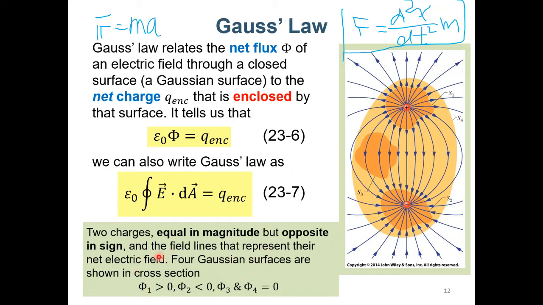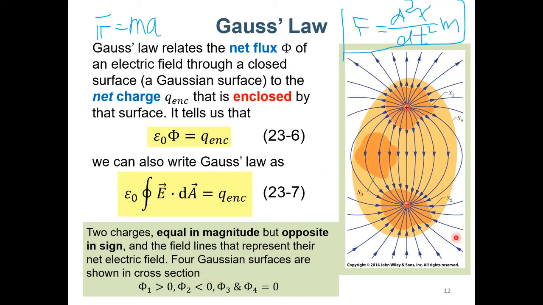Here it shows that for Gaussian surface S1, a positive charge is enclosed by S1. So phi 1 should be a positive value, which means that the electric field lines are flowing out from this volume.